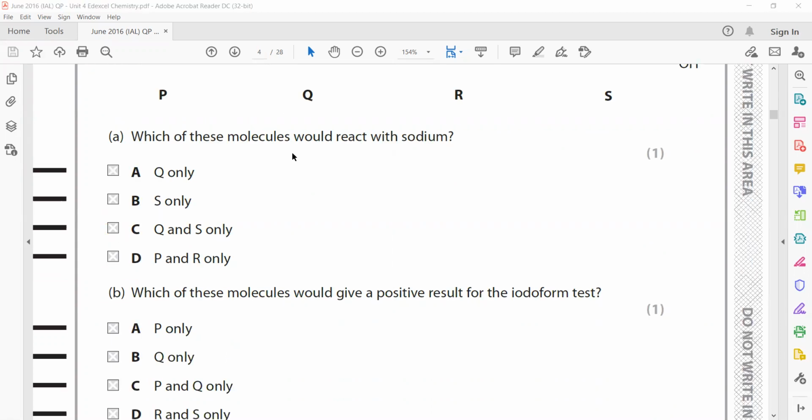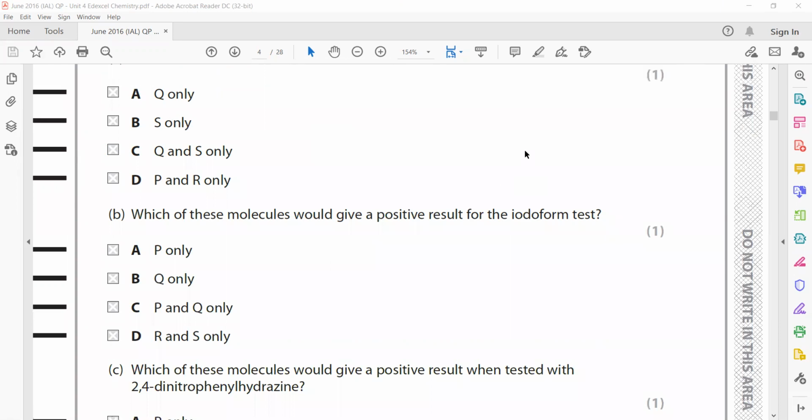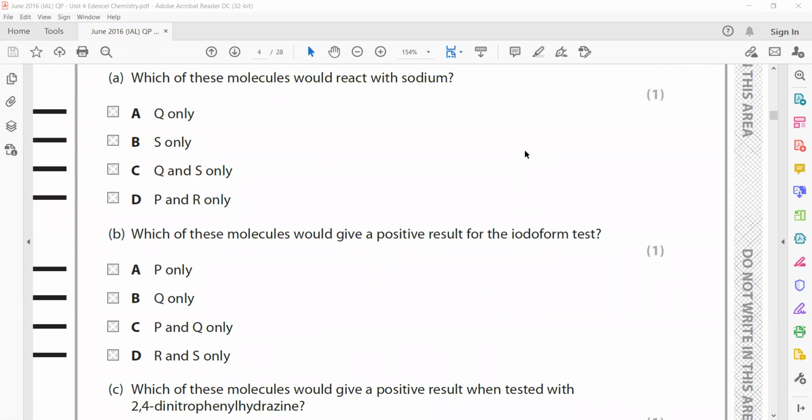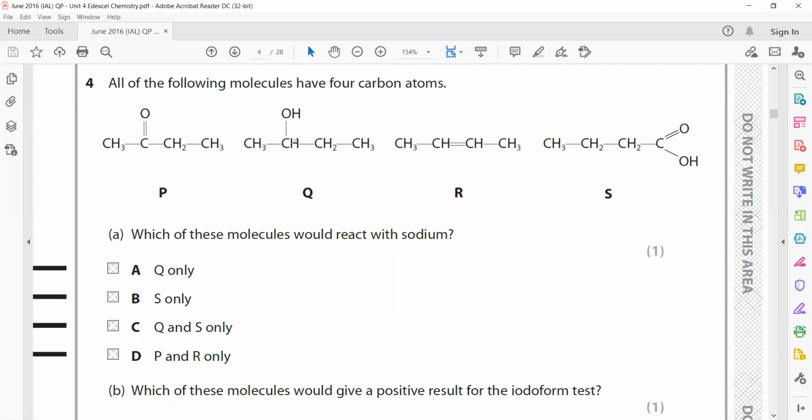Next question, which of these molecules would give a positive result with iodoform? Iodoform result is when a methyl group is next to the carbonyl group, this will give a yellow precipitate, a positive iodoform result. So when we check the options, this is a secondary alcohol.